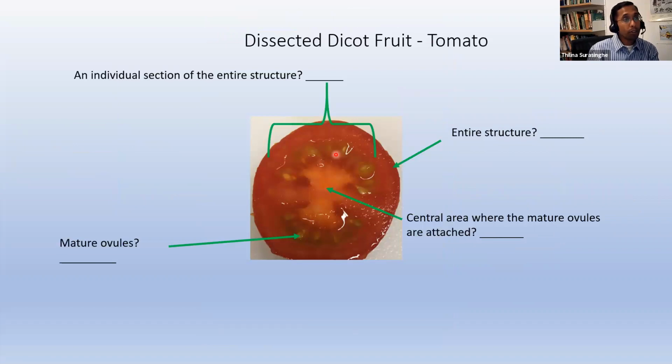Let's talk about the seed now. This is a little important. I don't know how far you have gone in your lecture, but I'm going to ask the question anyways. The entire structure is obviously called the fruit, and you can see the fruit has parts. This fruit has divided into 2 parts, and each part is called what?